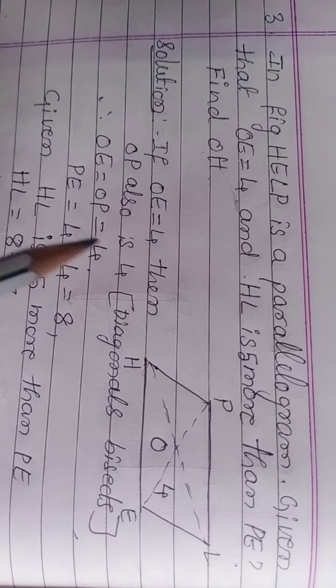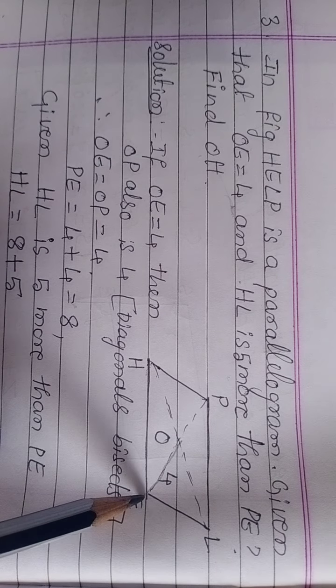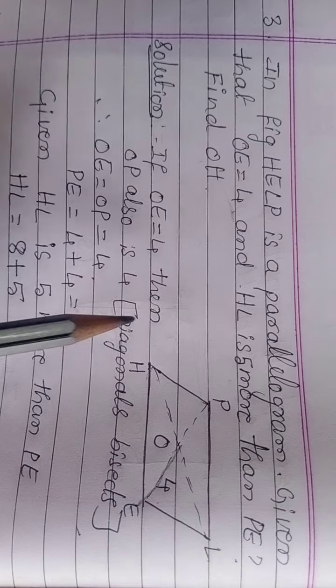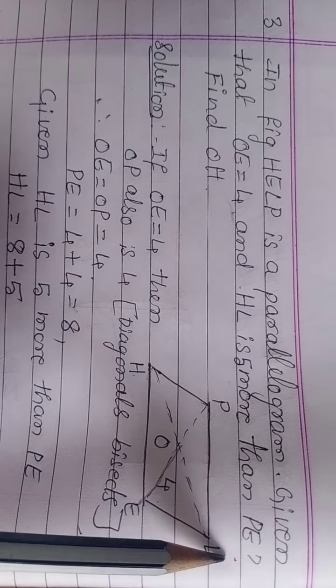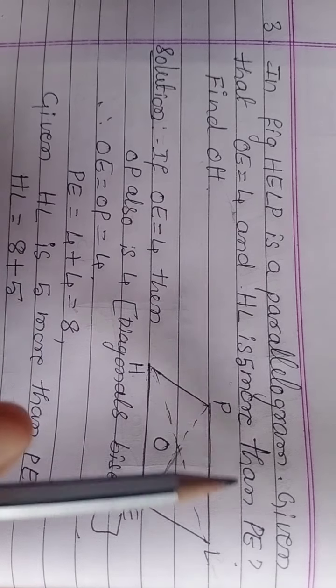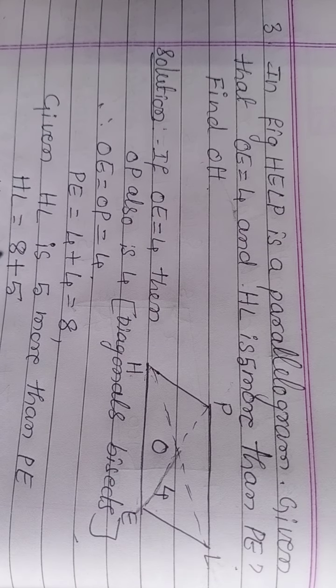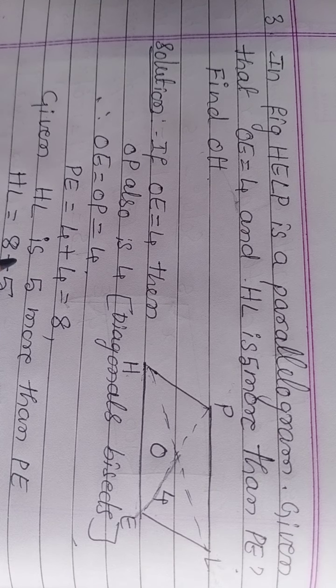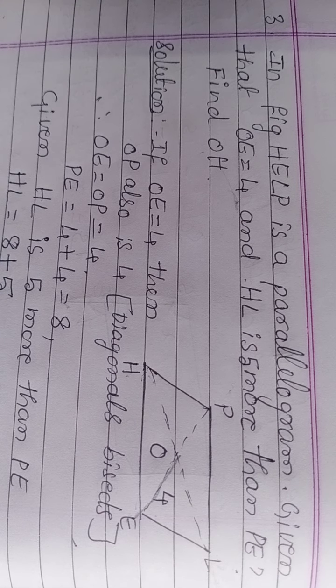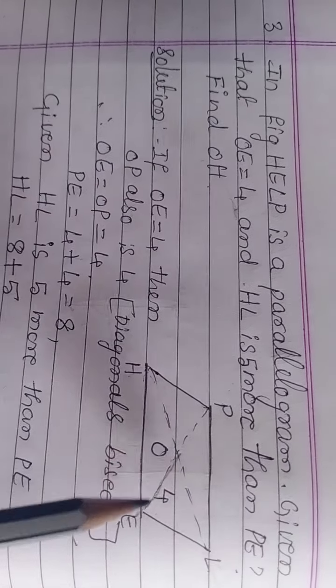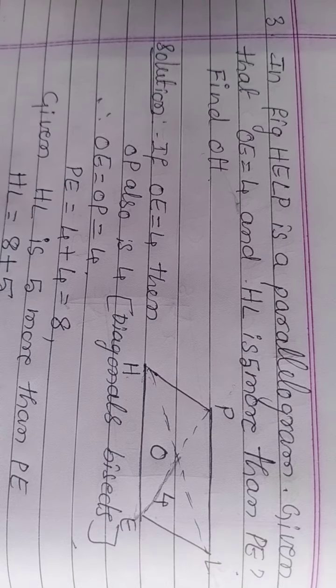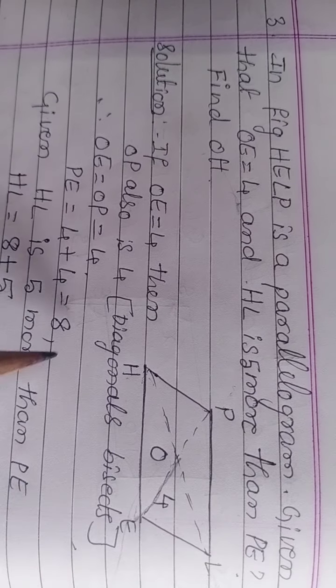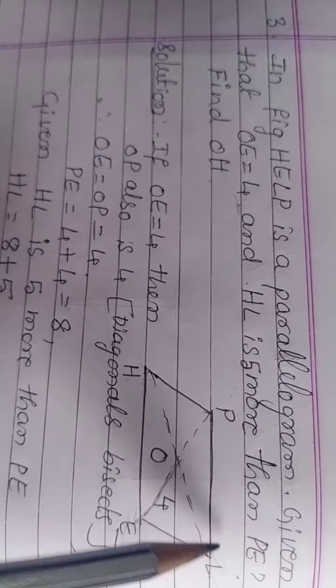Given that OE is 4 centimeter and HL is 5 more than PE, they are saying, that is diagonals. They are comparing the diagonals. One diagonal is 5 more than the other they are saying. But here we know a part of one diagonal. First let us find out this diagonal, then we can go for this.